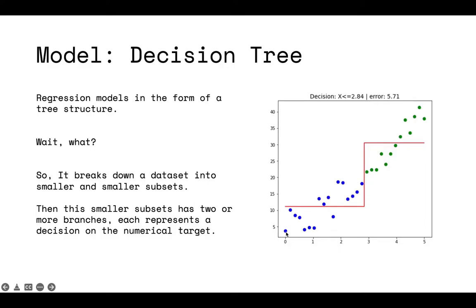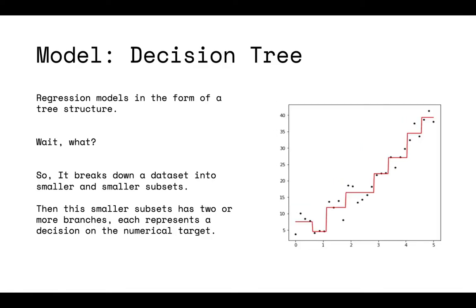Rather than plotting one single linear line here, we divide the data into two smaller subsets. Then we can say that the data here belongs to this value, and the data here belongs to this value, like 32 or 35. And then we can divide it again until we get smaller subset data like this. So it is the decision tree.